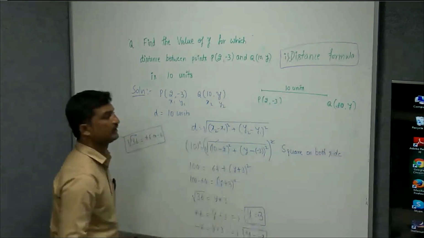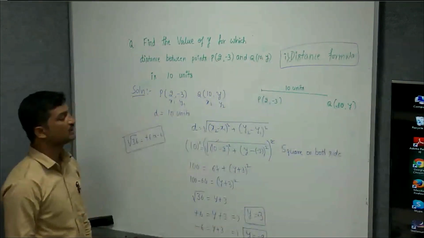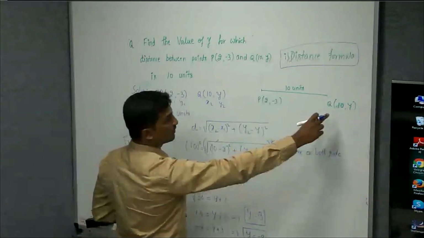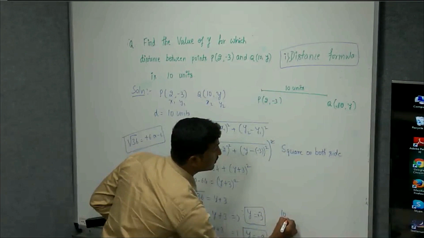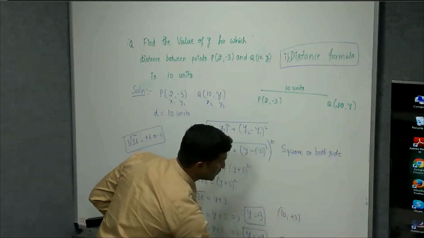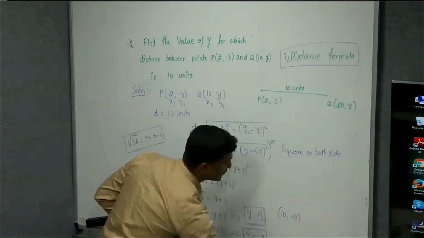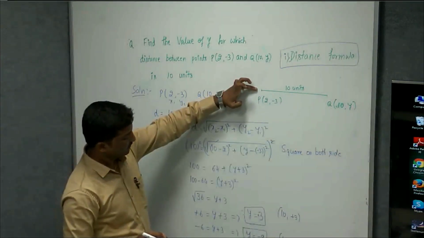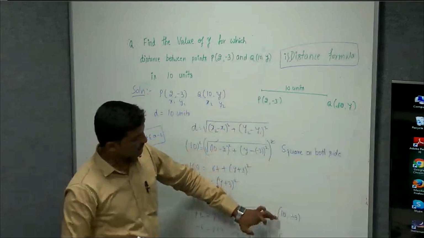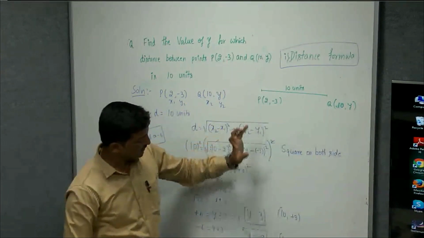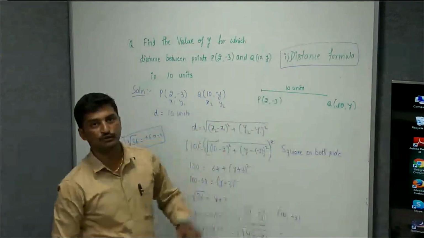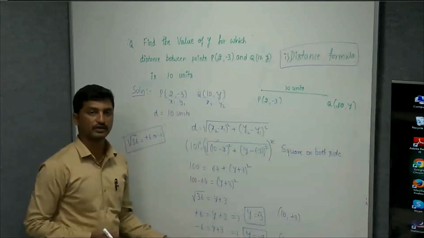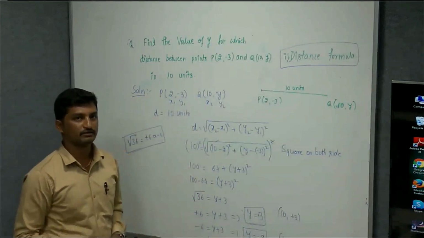Both are right because from this point (10, 3) and from (10, -9), the distance between P and each of these points will be 10 units only. You can calculate either by taking plus 6 or minus 6, no problem. If you are calculating both of them, then it's very good.